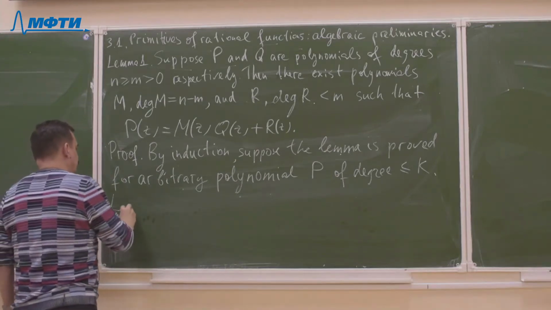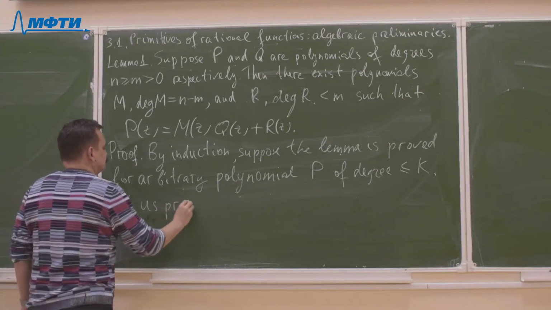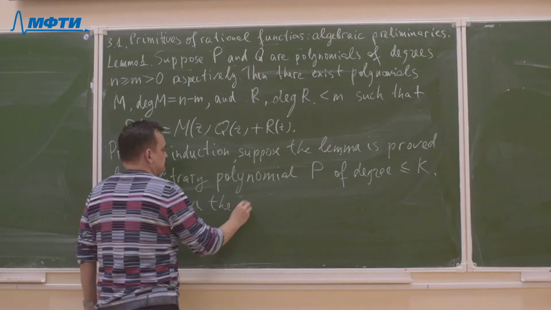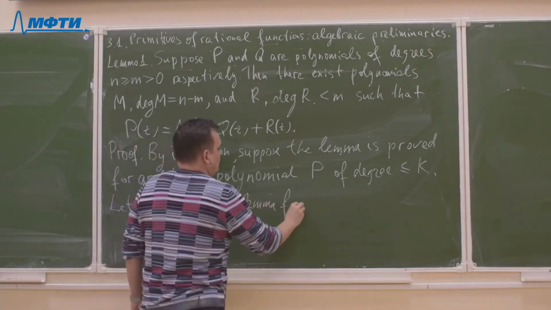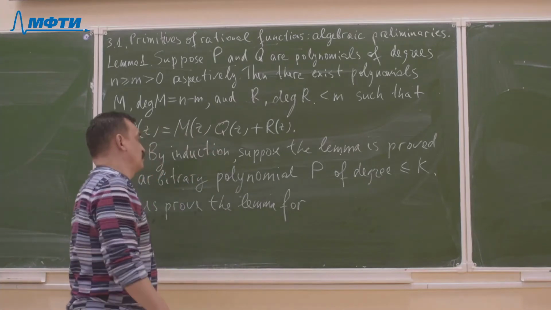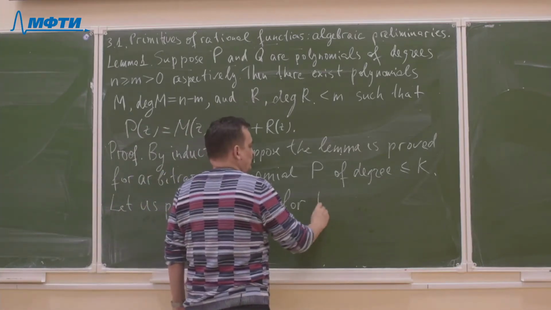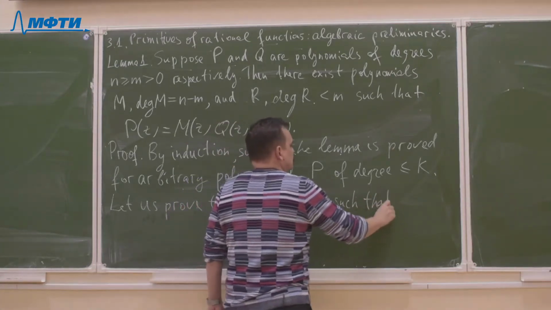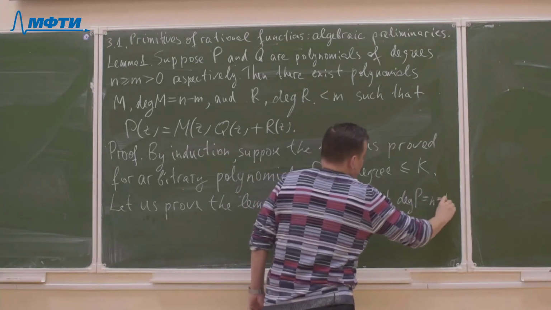Let us prove the lemma for P such that degree of P, which is n, equals to k plus 1.